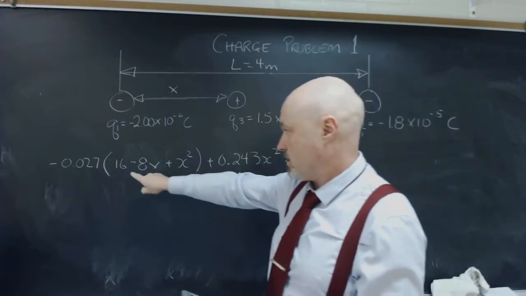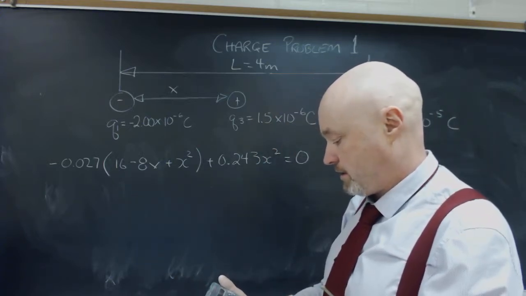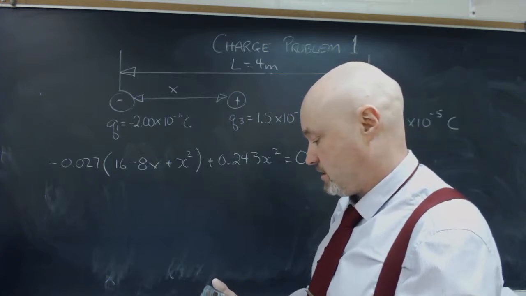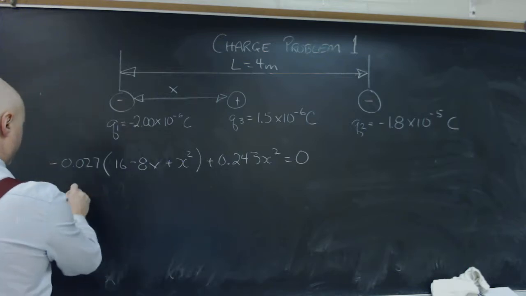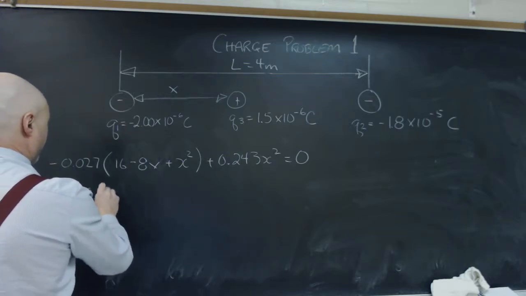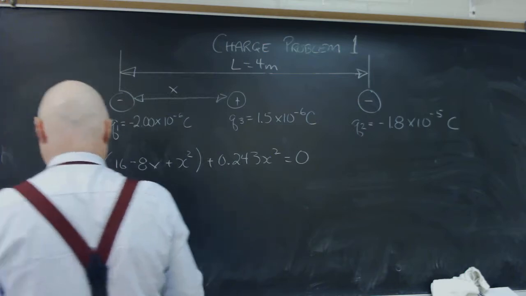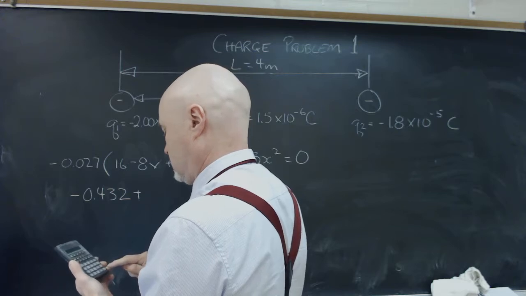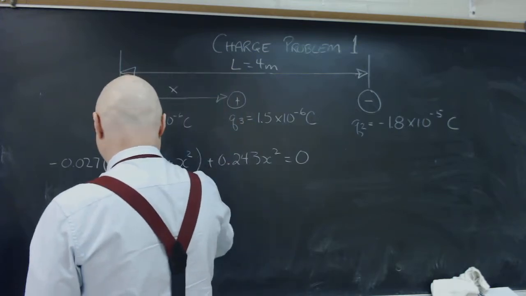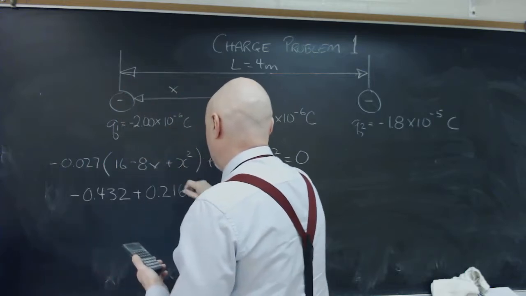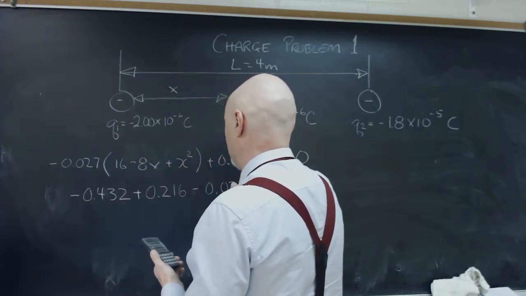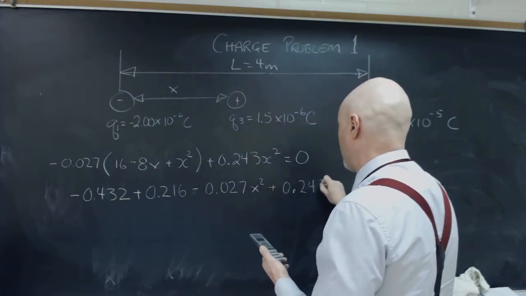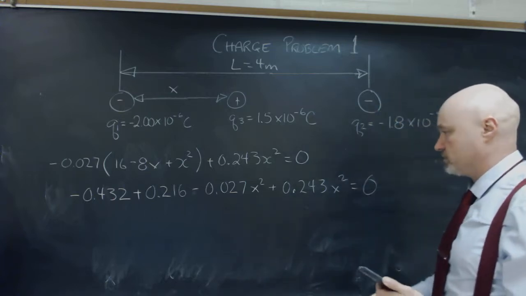Now we need to do our multiplication using the distributive property. Negative 0.027 times 16 is negative 0.432 plus, so 0.027 times 8, 0.216 x minus 0.027 x squared plus 0.243 x squared has to be equal to 0.